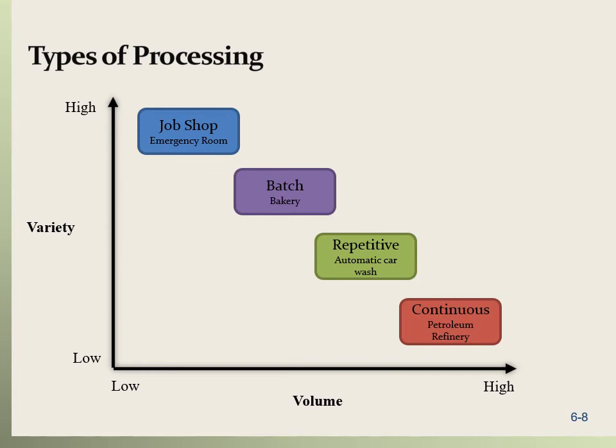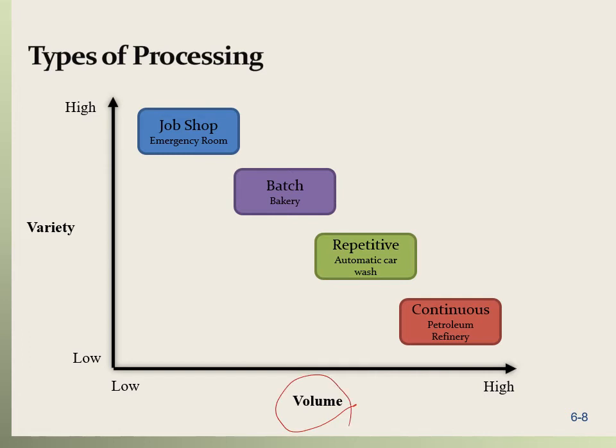Based on the differences that these process types have from each other, especially for variety and volume, we can put them in this plot here that shows how different they are and what side of the spectrum they are in. So here we have two different characteristics.